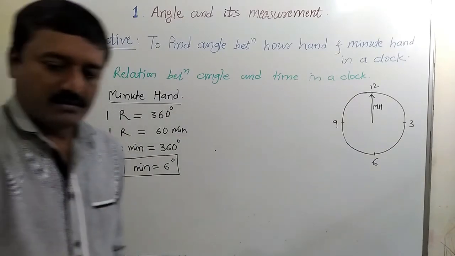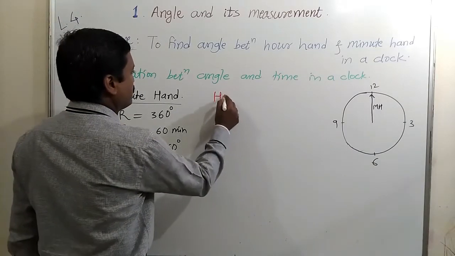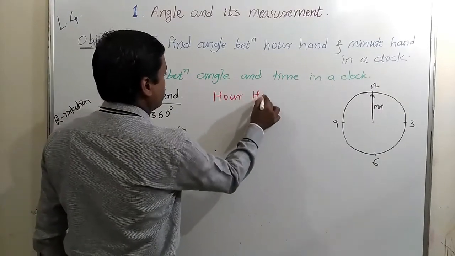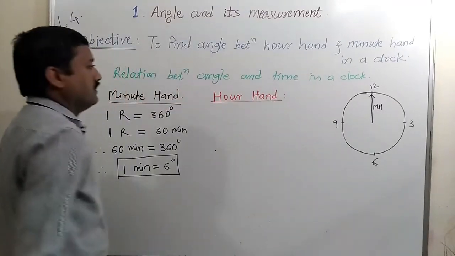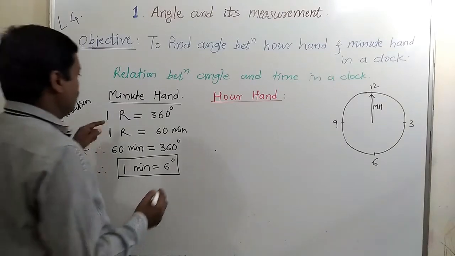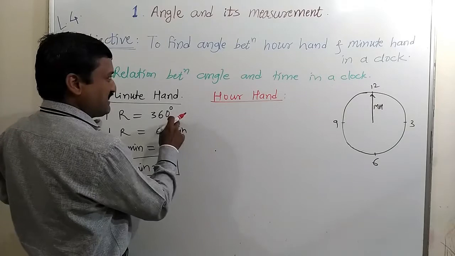Let us see about the hour hand. In case of the hour hand, one rotation covers 360 degree.